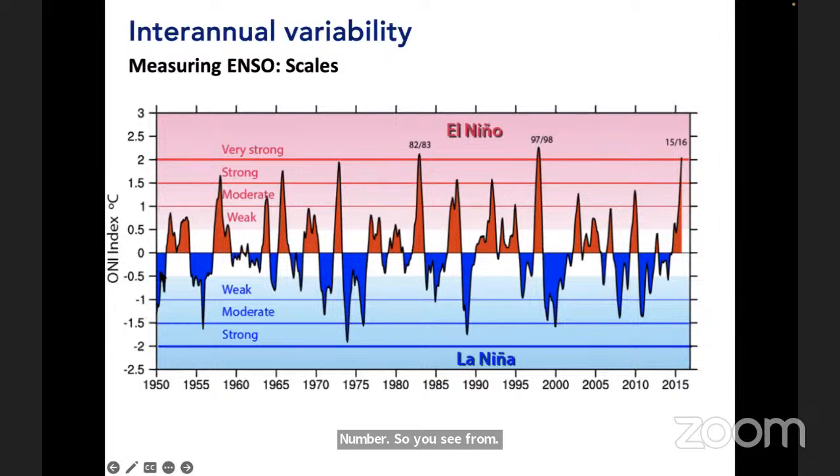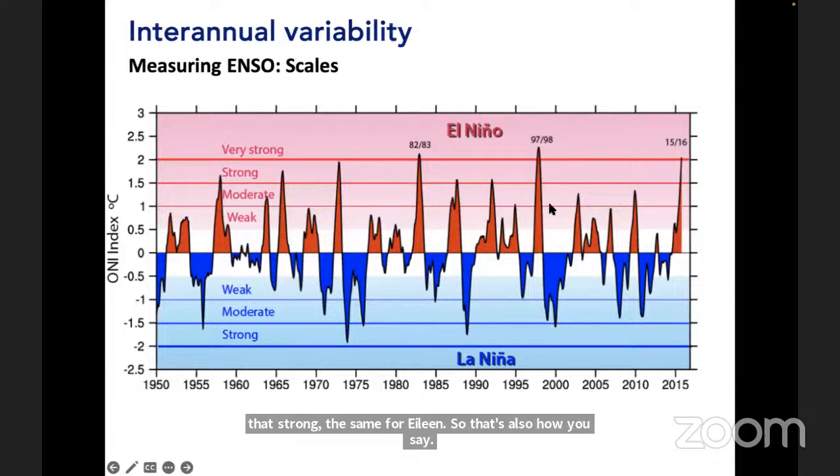Between -0.5 and 0.5, that is called neutral. Between -0.5 and -1 is weak La Nina, up till -1.5 moderate, and then above that strong. The same for El Nino.